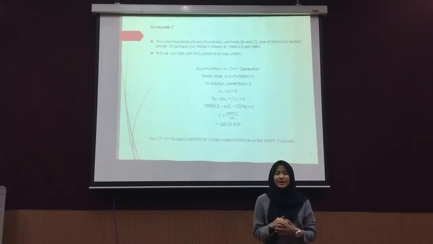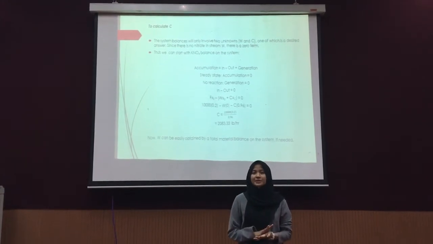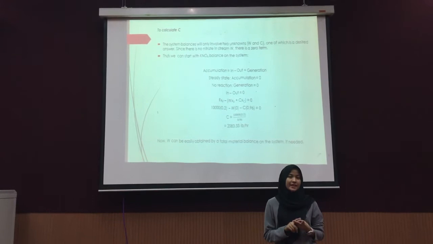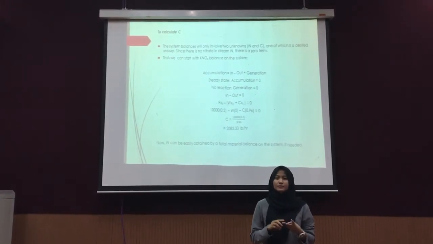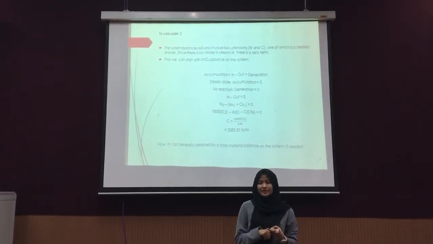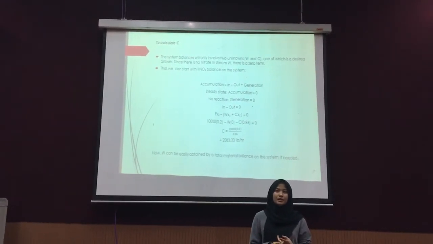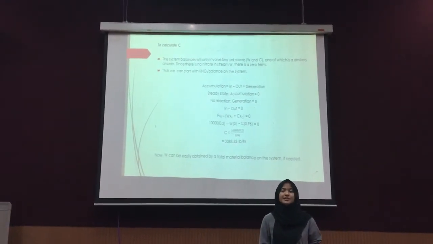Okay, now we need to calculate C. The system balance will involve only two unknowns, which are C and W. One is for the desired answer, and as for W, there is no nitrate, so the term is 0.